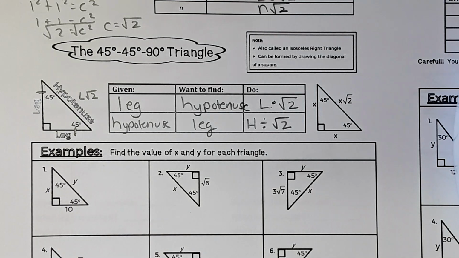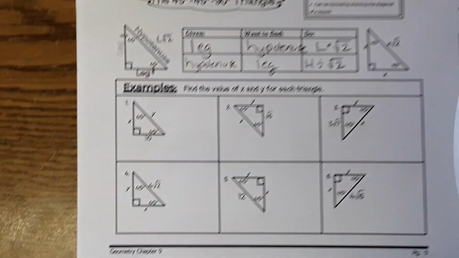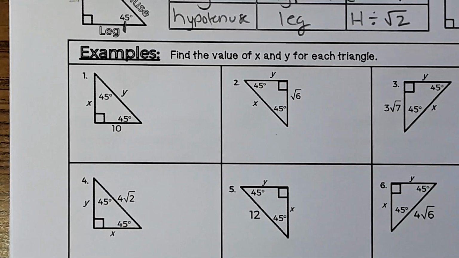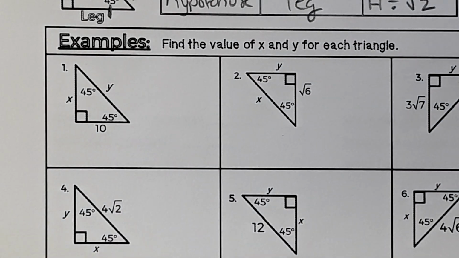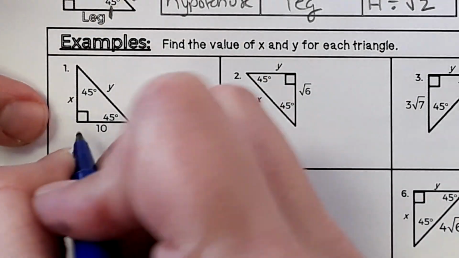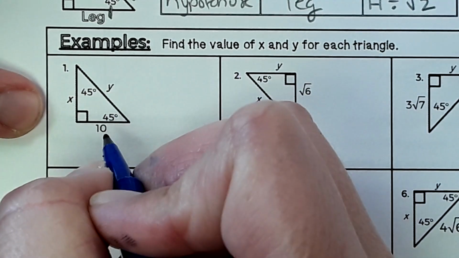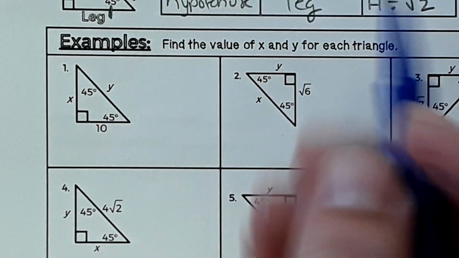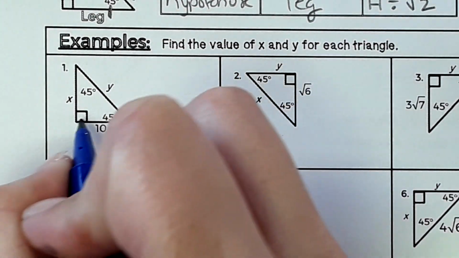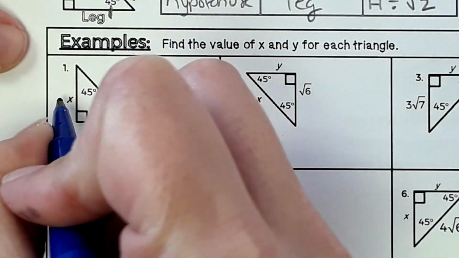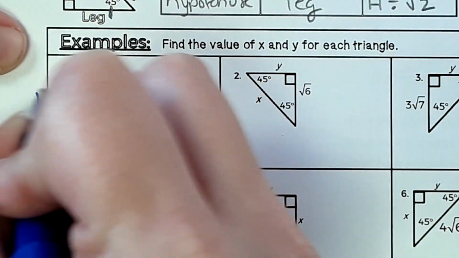Okay, now looking at the examples with number 1, it says find the value of x and y. Well, it's a 45, 45, 90 degree angle, so it's going to follow those rules. That means the two legs are the same length, so this would be 10.